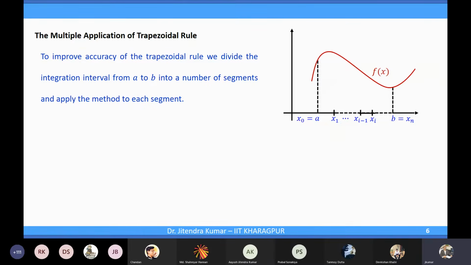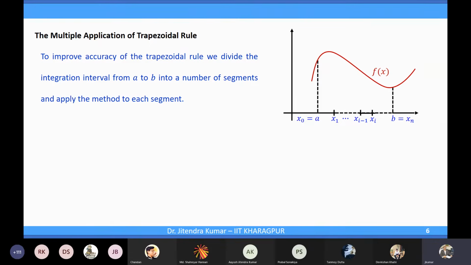So we have divided the whole range into n intervals, and then that part will be taken care of, because instead of applying the trapezoidal rule just once, if we apply it in the smaller parts, then naturally the error will be less, because in each interval now the interval size is very small.